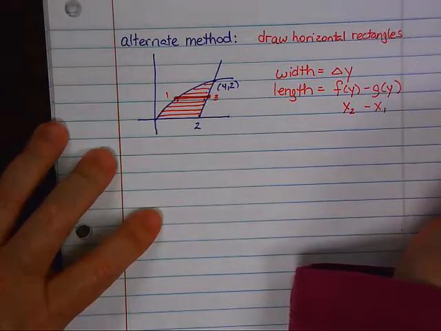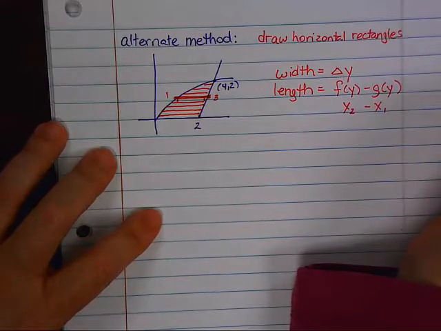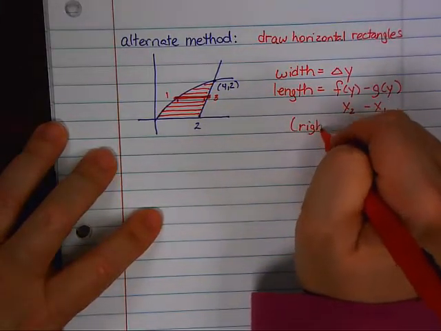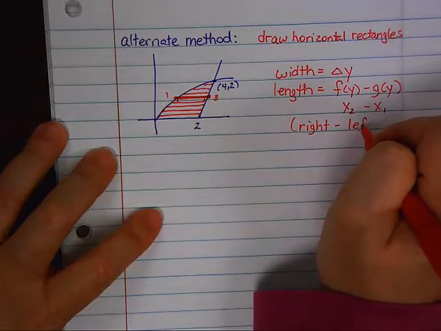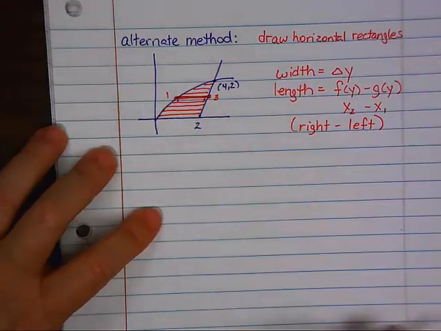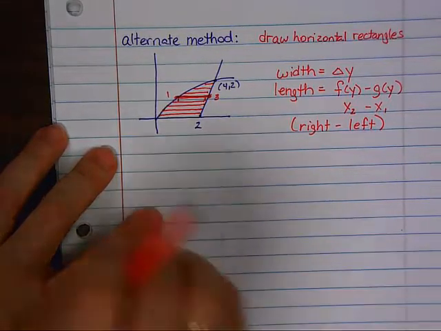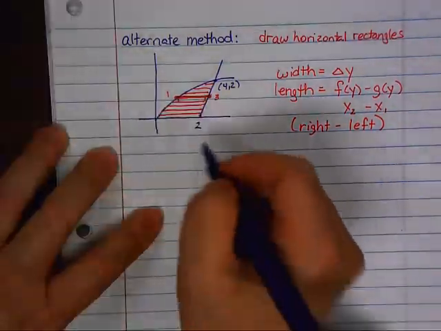Now, when we did it vertical, we said top minus bottom. How would we say it in terms of direction for this one? Right minus left. Right minus left.